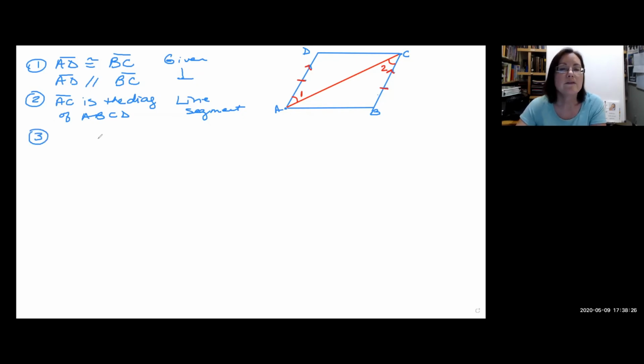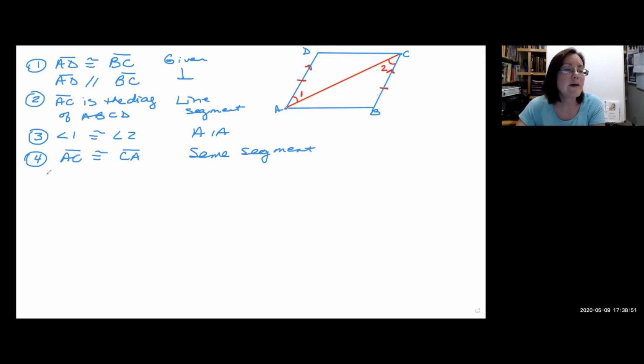So with 3, I could then say angle 1 is congruent to angle 2 by alternate interior angles. I already thought this through, so this part's going to go pretty fast. AC is congruent to CA. That would be the same segment, or reflexive property.